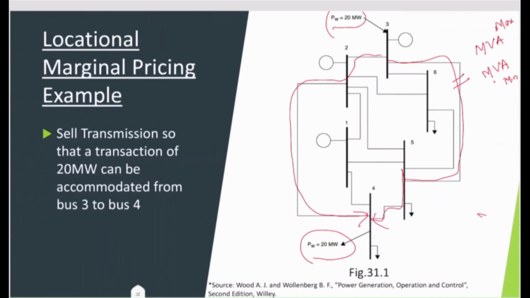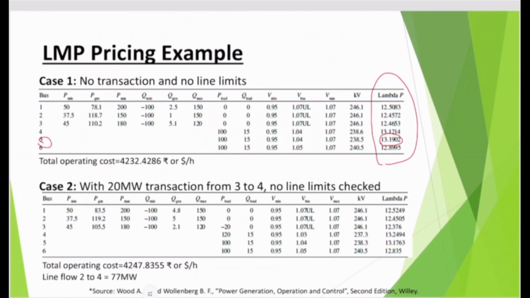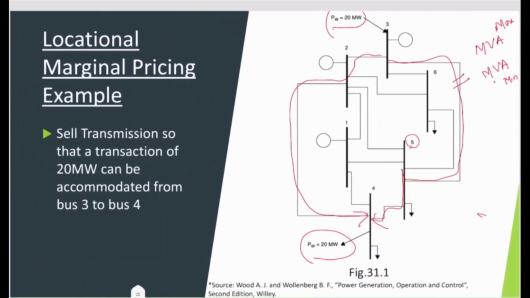That means if I have to inject power at bus number 5, my LMP will be 13.1902. Am I right? And if I have to draw it at bus number 2, which is 12.4572, then my LMP will be 12.4572.